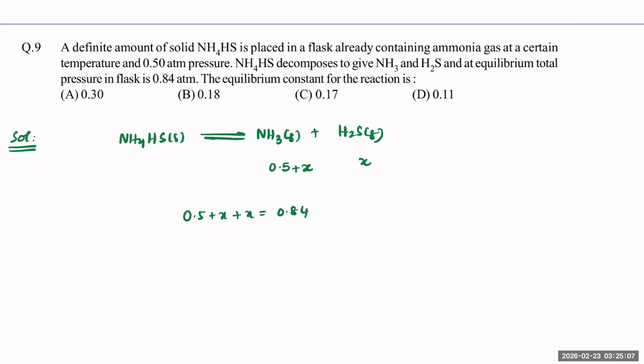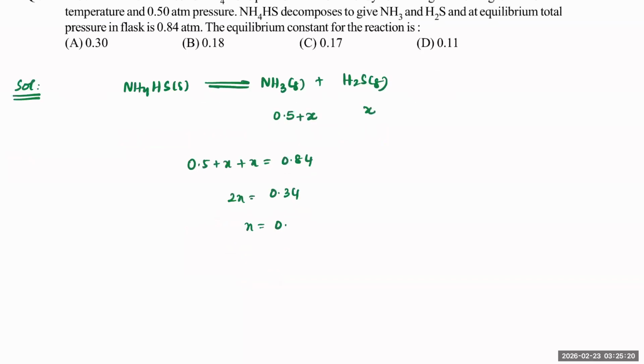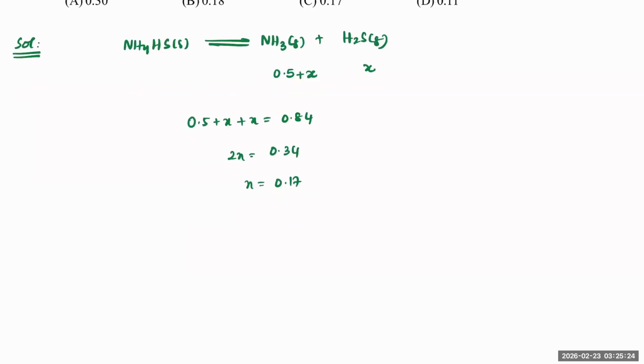So 2x is equal to 0.34. So x is equal to 0.17. So we got the x value here. So pressure of ammonia will be equal to 0.67. Pressure of H2S will be equal to 0.17.